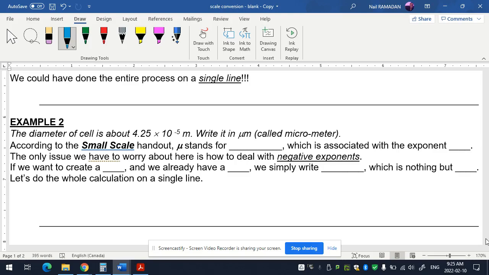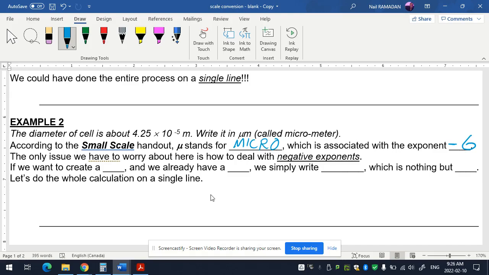Okay? So according to the handout, mu stands for micro. I just give it to you here. Micro, which is associated with the exponent 6 with a negative. Yes. Okay. So the only issue we have to worry about here is we have to deal with negative numbers or negative exponents.